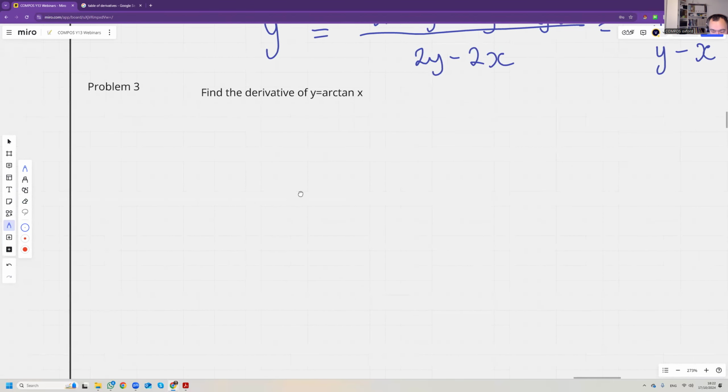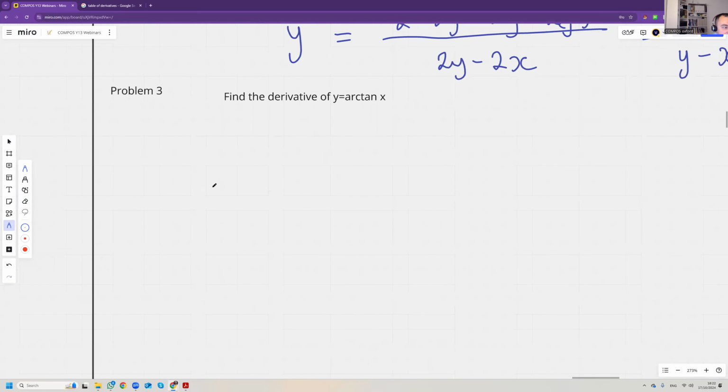So if you have y equals f of x, then you can express x as the inverse of y.